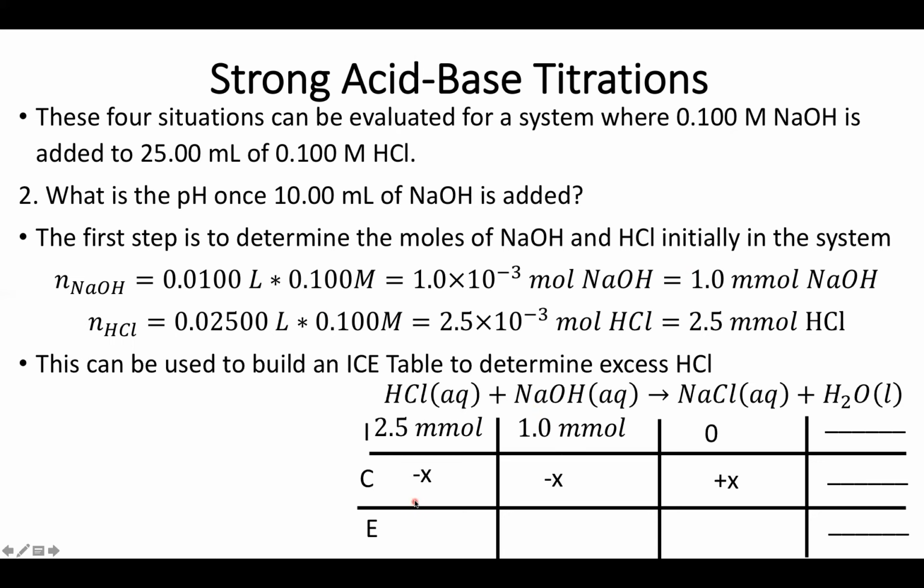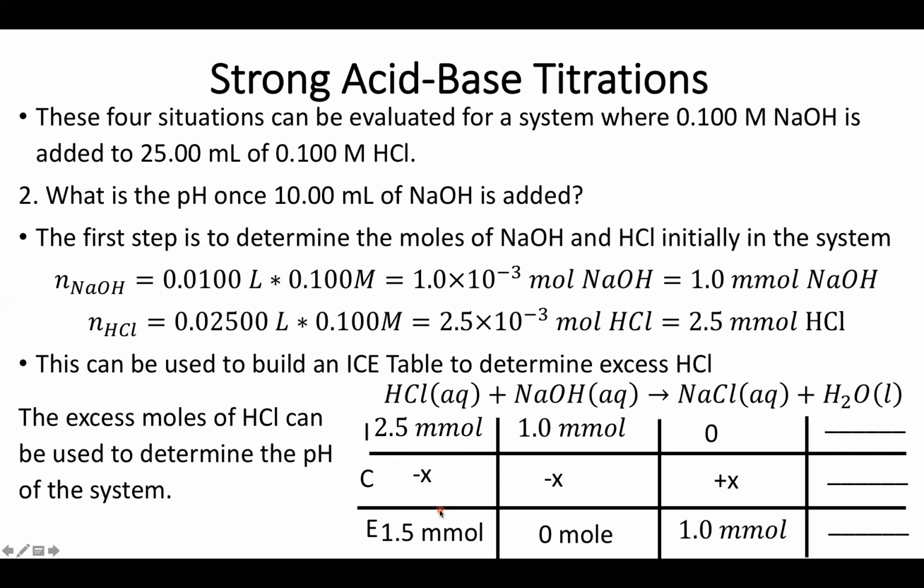I know that both HCl and NaOH will decrease as I produce more sodium chloride, as the sodium and the chloride want to hang out together, with the other byproduct being water. Since I have less sodium hydroxide, and this is a 1-to-1 stoichiometry, I should run out of NaOH first. This will give me an X of 1 millimole, meaning I produce 1 millimole of sodium chloride and have 1.5 millimoles of HCl left behind.